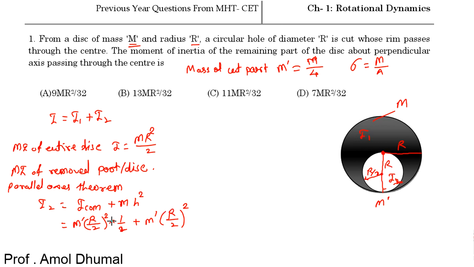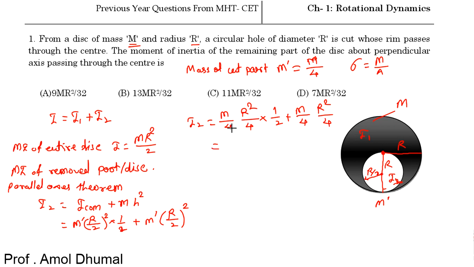So I2 is equal to m by 4 into r square by 4 into 1 half plus m by 4 into r square by 4, right?